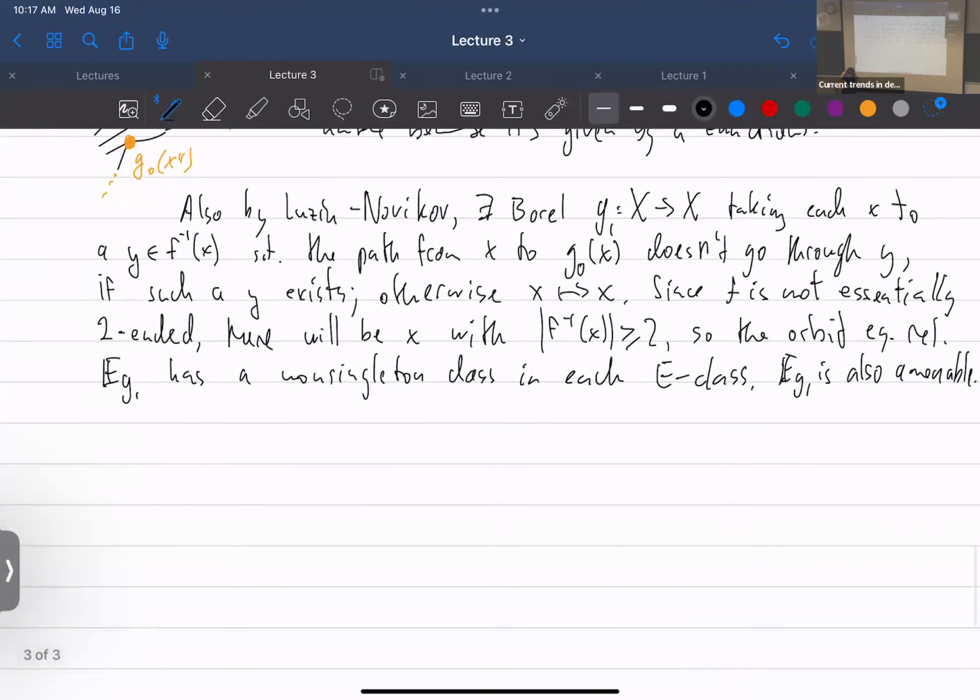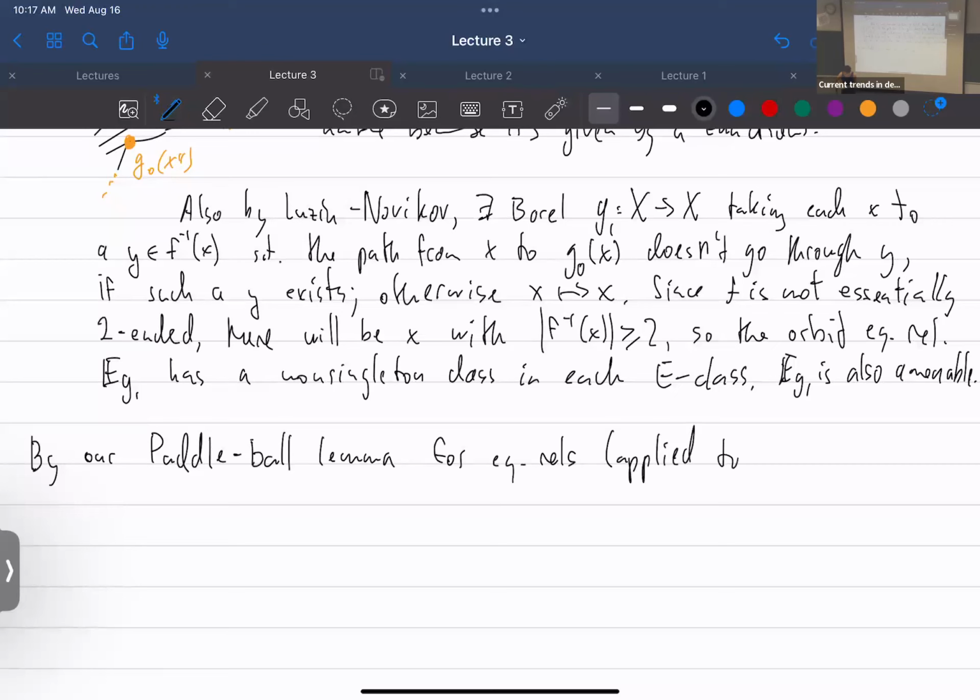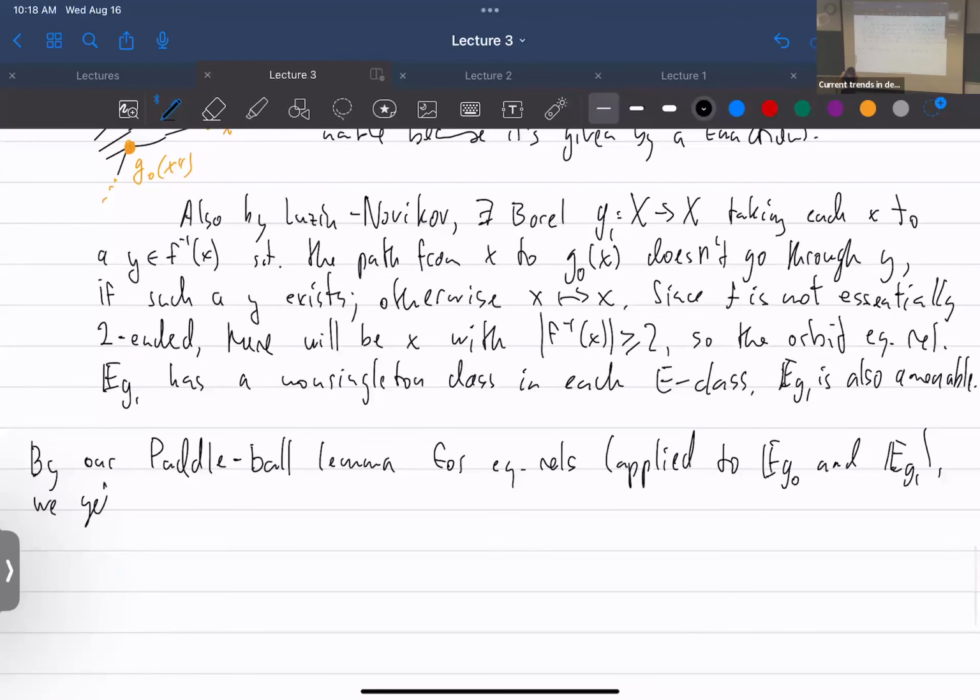So by our Pedalball lemma, applied to the equivalence relations EG0 and EG1, we get that EG0 and EG1 are freely independent.